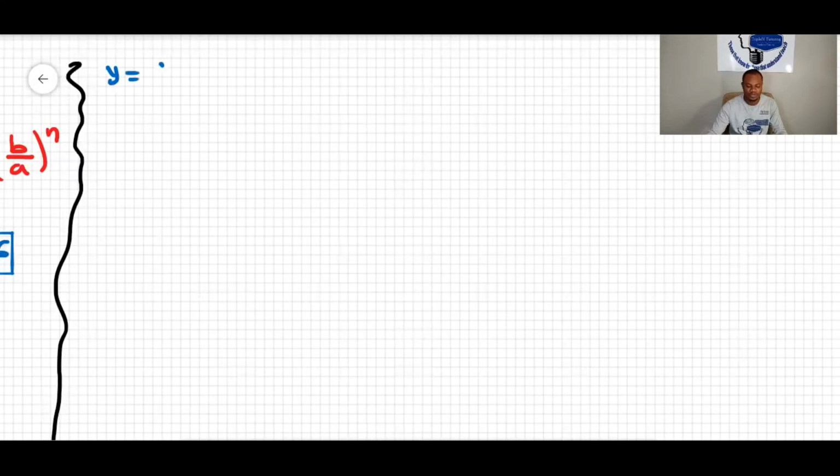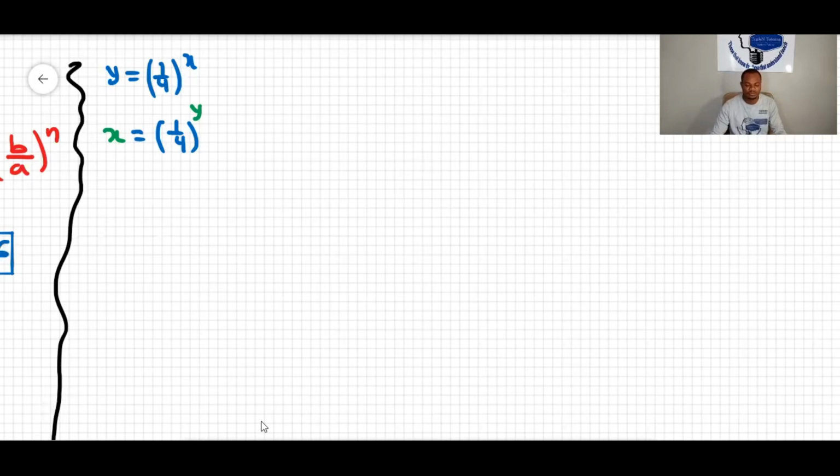Y equal to a quarter to the power of x. Then we are going to call y x and x y. So I will reverse the values. So the y becomes x and the x becomes y. So x equal to a quarter to the power of y. That's step number 1. Step 2 is when we make y the subject of the formula.